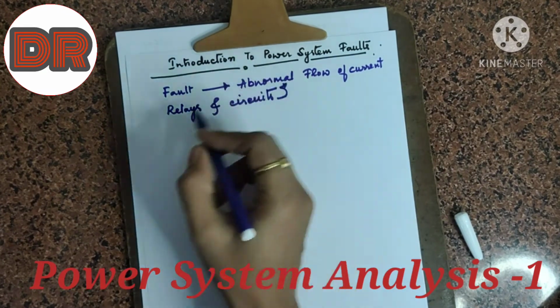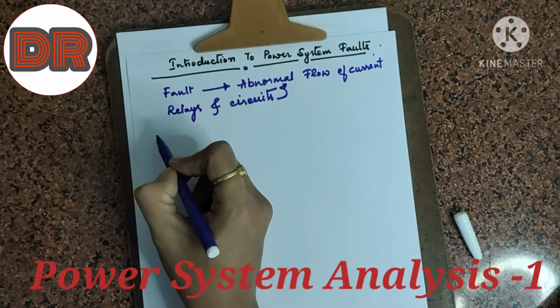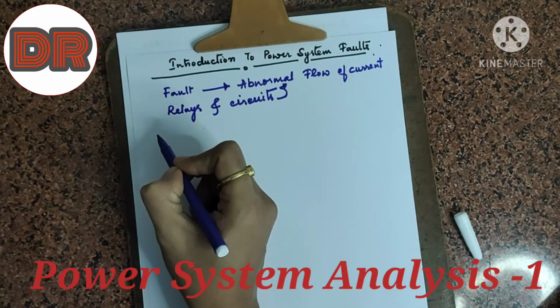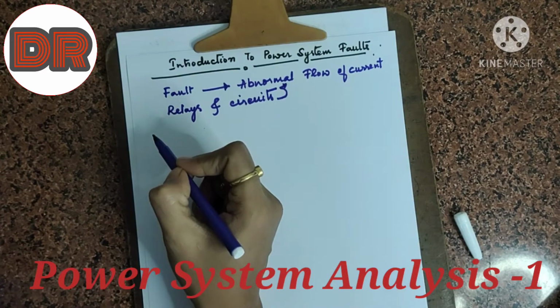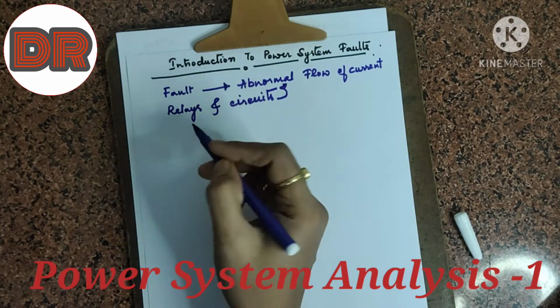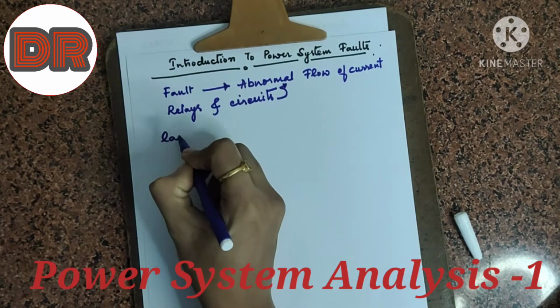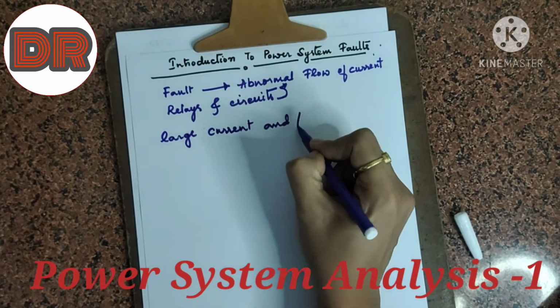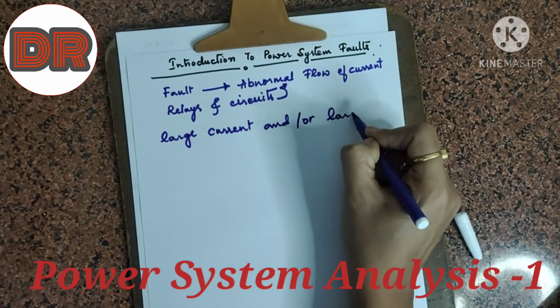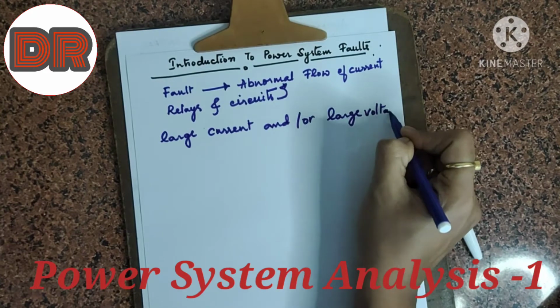As I said, when a fault occurs, abnormal current flows in the circuit. When I say abnormal current, this is actually a large current flowing in the system. It's not only large current, it can be abnormal voltage also. So when a fault occurs at any part of the power system, large current and/or large voltages are developed.